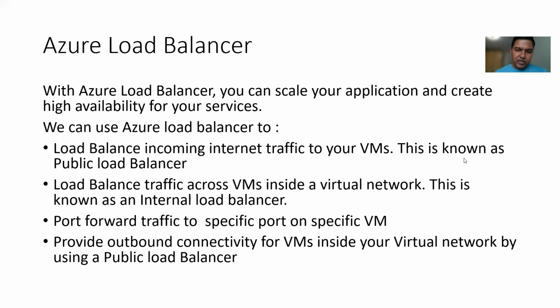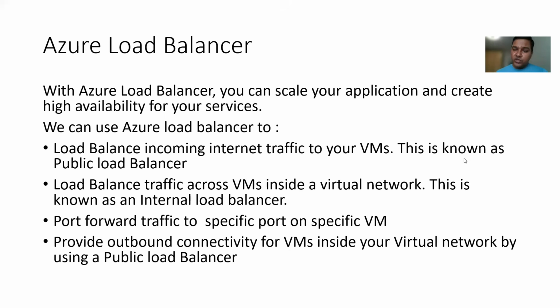And internet traffic can come with a port number. So with the port number and a specific destination IP address, or you can call it a specific virtual machine, that also is a task of the load balancer: okay, this is coming from this port number, this is from that port number, and going to this destination.